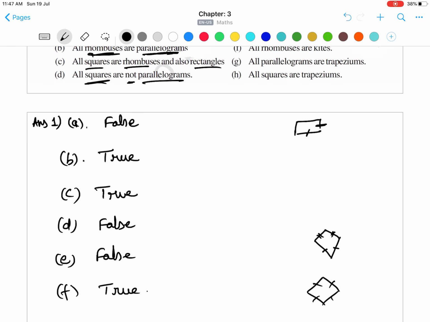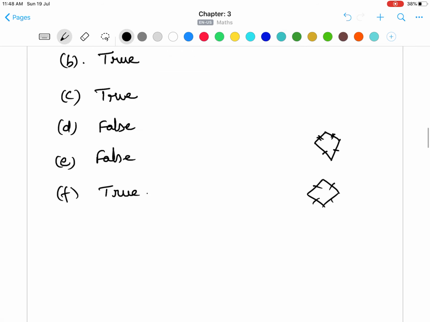Then we have G. It says all parallelograms are trapeziums. In a parallelogram we have both pairs of opposite sides equal and parallel, while in a trapezium we need one pair of opposite sides parallel. So this one is also true, because we have a parallelogram like this, and this pair of opposite sides is parallel, so it can also be a trapezium.